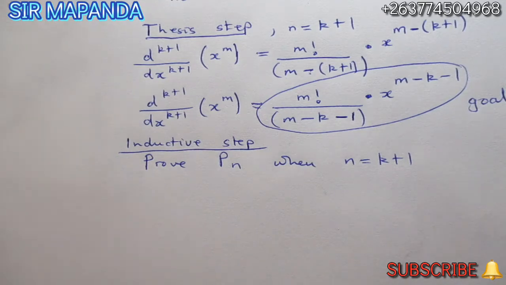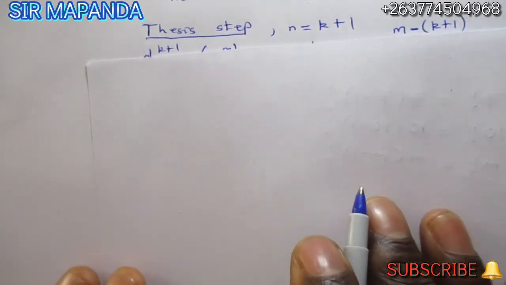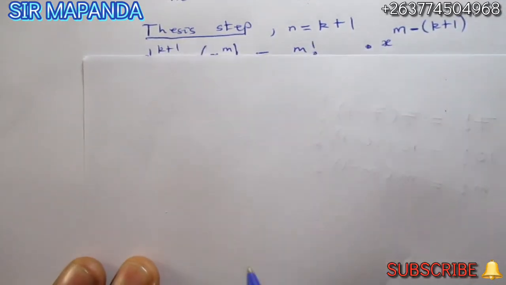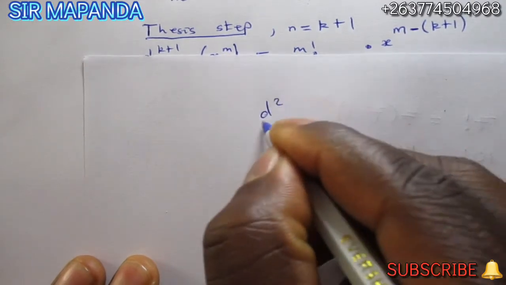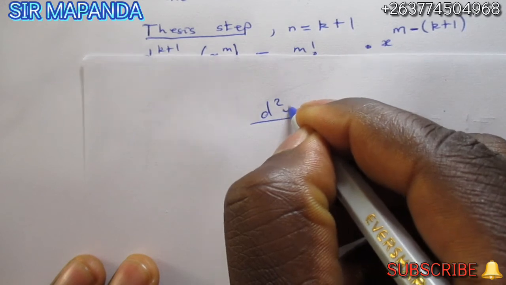So for differentiation, in order to prove the inductive step, you need to differentiate the assumption step, right? I want you to notice something, class.